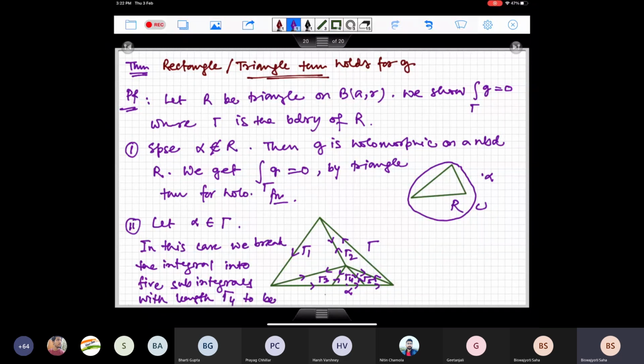Gamma 4 is the one where alpha lies. That is how I am going to break my triangle.